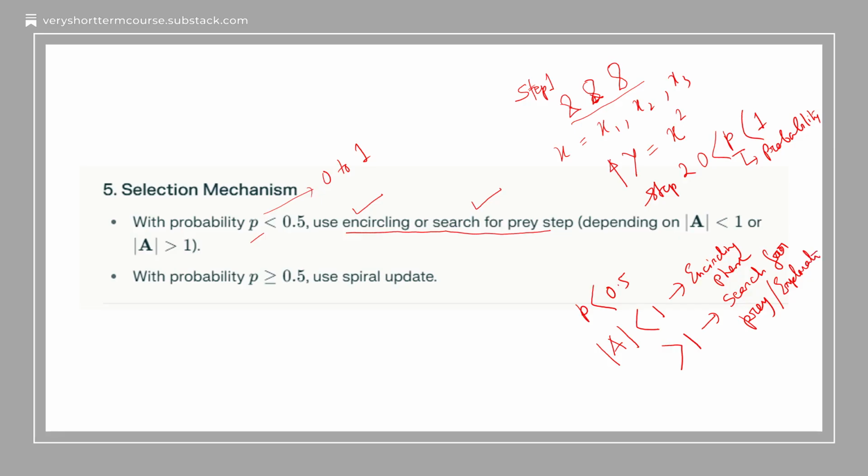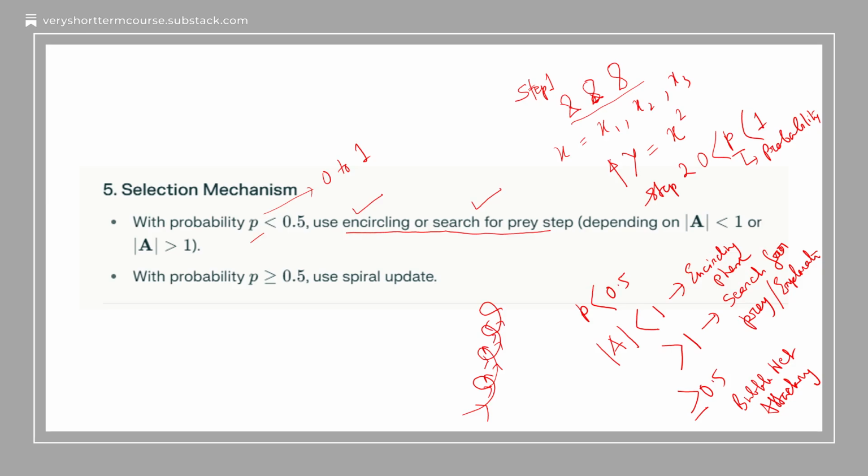Now if the value of P is greater than or equal to 0.5, then follow the spiral update or bubble net attacking phase, where the whales move in a spiral way from bottom to surface following a 9-like path.